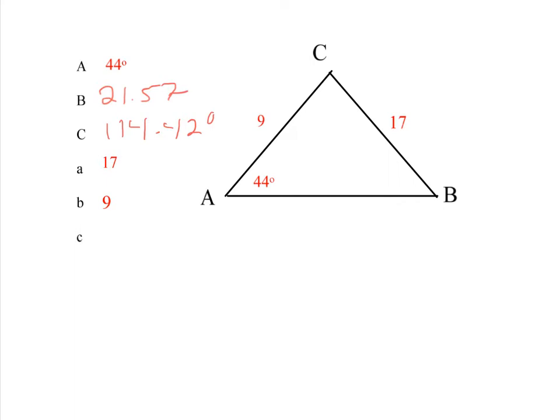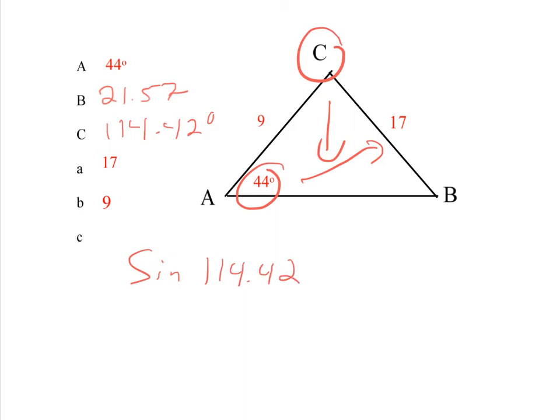We know that sine of C over little c is equal to, we can do either one, let's do sine of A over little a. So we have sine of C, which is 114.42, over little c, is equal to the sine of 44 over 17.